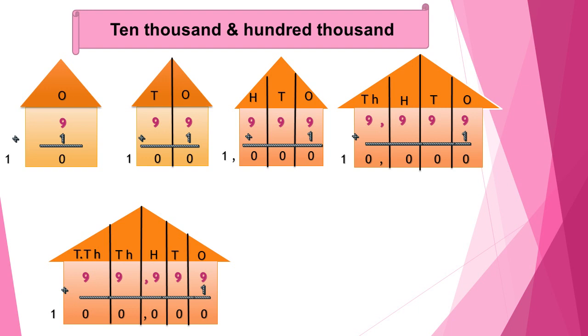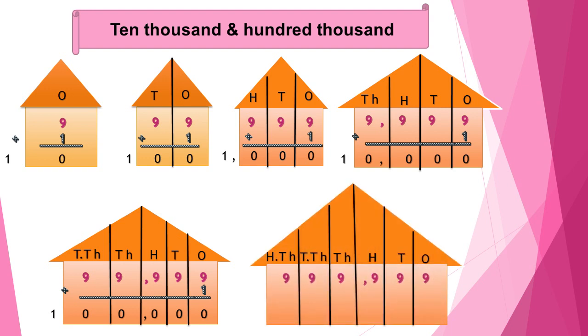This home has 6 places: ones, tens, hundreds, thousands, 10,000s and 100,000s. And the greatest number I can put inside it is 999,999. We will learn how to read 5-digit or 6-digit numbers.